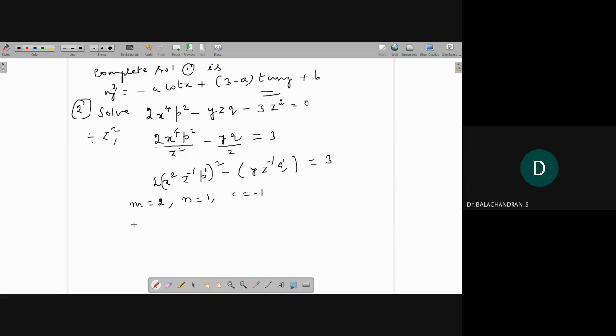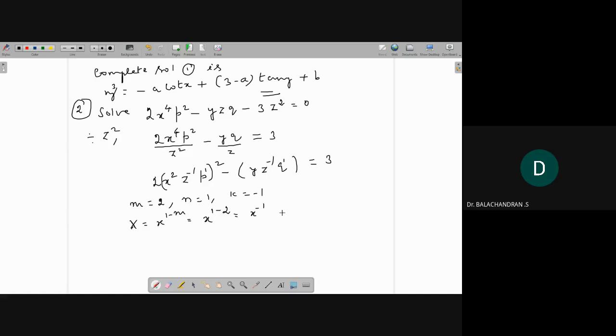Okay, so now can anyone tell what is the substitution for capital X? If m equal to 2, x power 1 minus m, so x power 1 minus m is, 2, so you'll get x power minus 1.